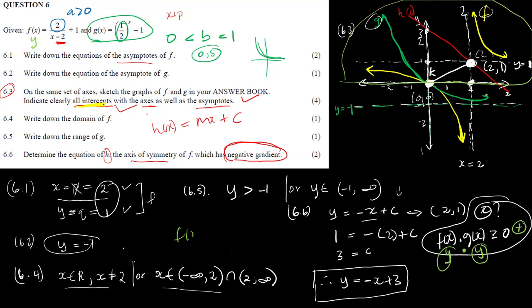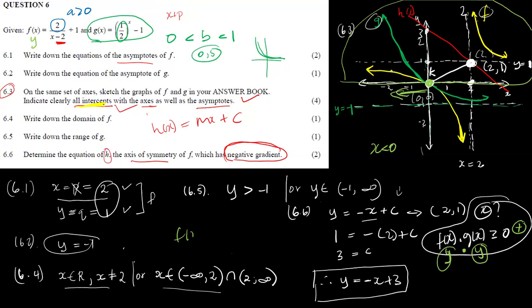When we start from the origin, which is 0, and move in this direction, x becomes less than 0.